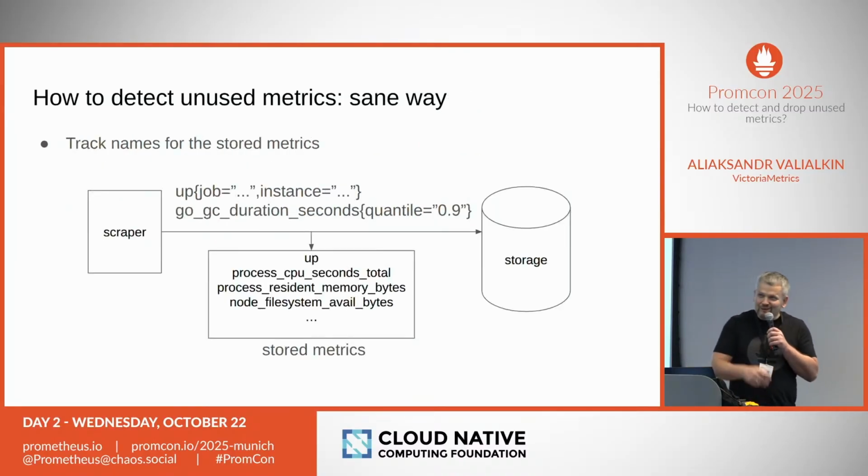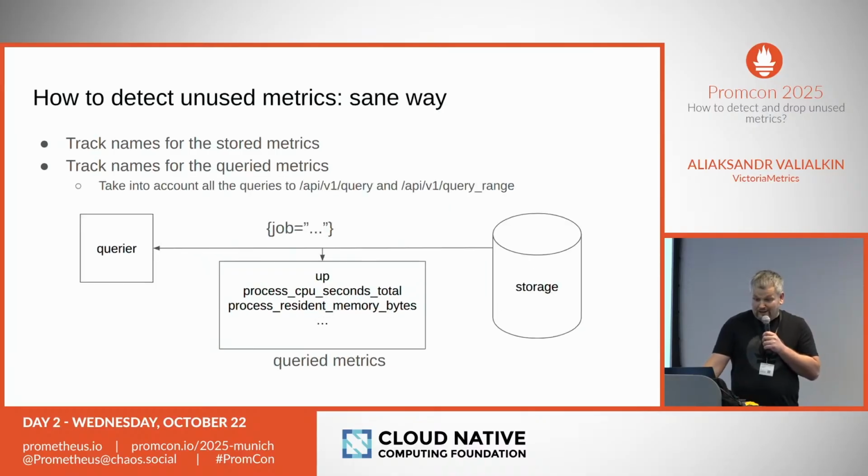Okay, and the second way is the following. You can track all the metric names which are stored into Prometheus or another database during data ingestion. Then you can also track metric names for all the queried metrics, with all the query select time series selectors.